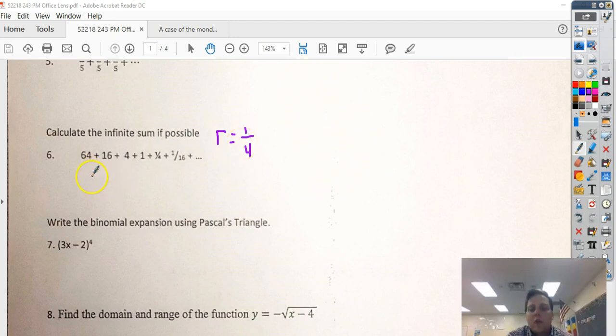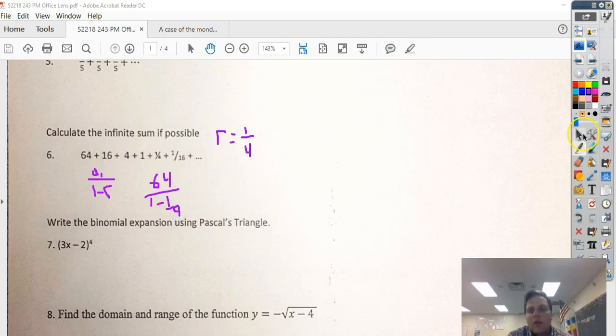Now, you may have forgotten this formula, which is completely okay. I forget it legitimately all the time. Okay, you take your first term, and you say a sub 1 over 1 minus r. This is the formula for infinite sum if possible. And it is possible because my r is 1/4. So I can say that my first term is 64 over 1 minus 1/4.